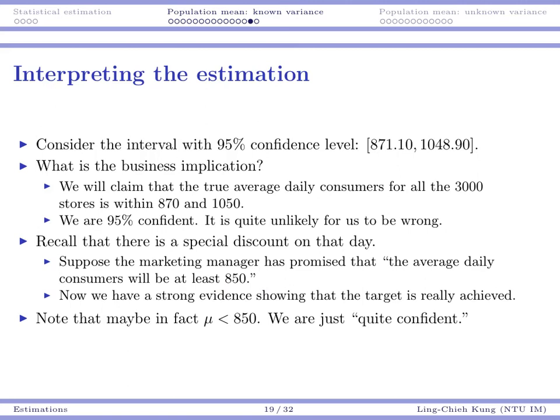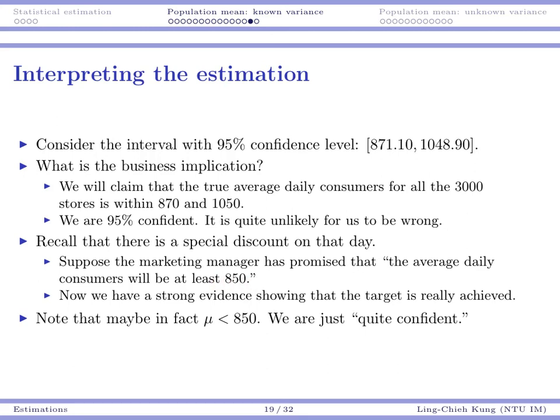If the marketing manager has promised about 900, then we cannot say that. If this is 900, then we do not have a strong confidence saying that the target has been met. So that's the difference.